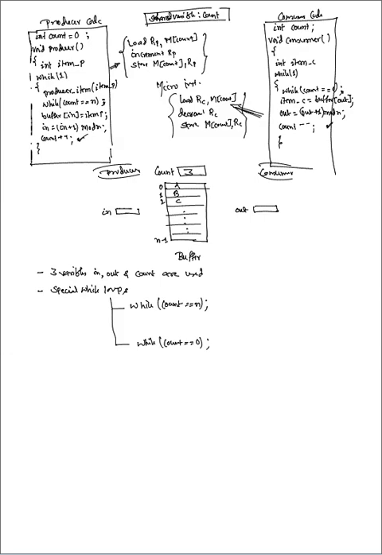In this while loop, if this condition is true, it means we have already produced items equal to the allocated memory size, that is n, because it starts from 0 to n minus 1. So this is the overflow condition. We check the overflow condition.